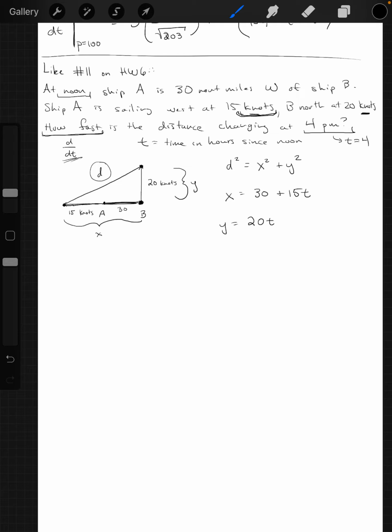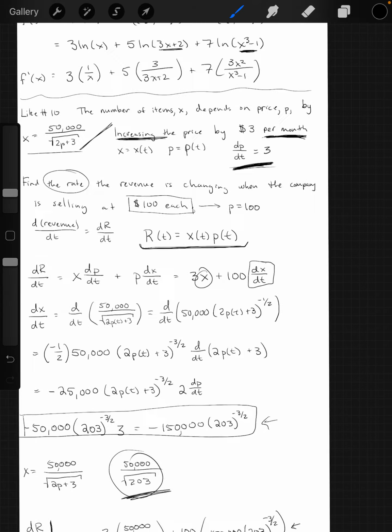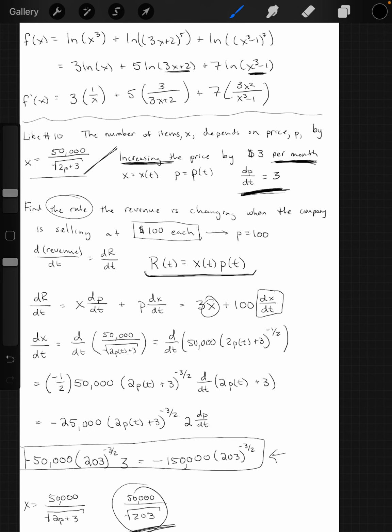And so one thing that we could also note just from this is that even before we figured this out, we could have figured out that dx/dt is going to be 15 and dy/dt is going to be 20, right? For the same reason that in this problem up here, we knew immediately that dp/dt was 3. Right?